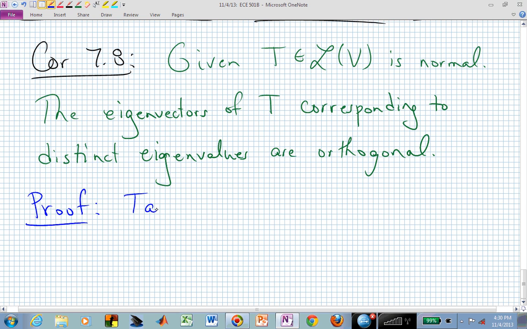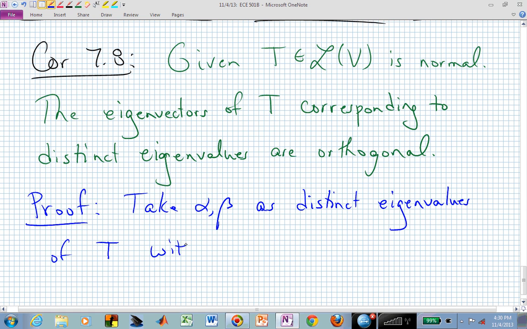Let's now prove that by first taking alpha and beta as distinct eigenvalues, and we'll just assume eigenvectors u and v for each of those respectively.